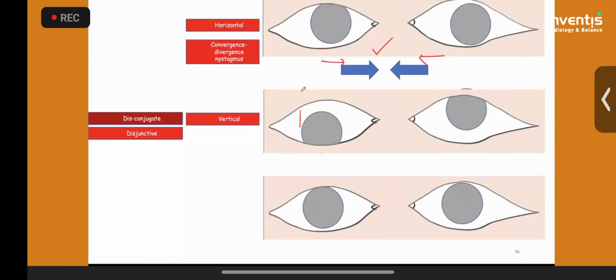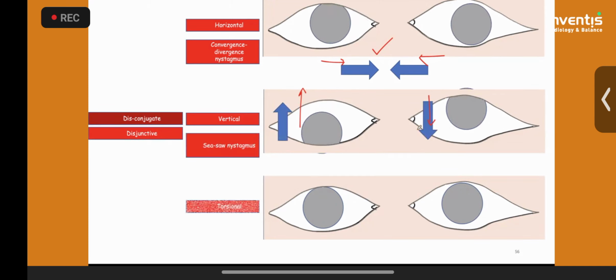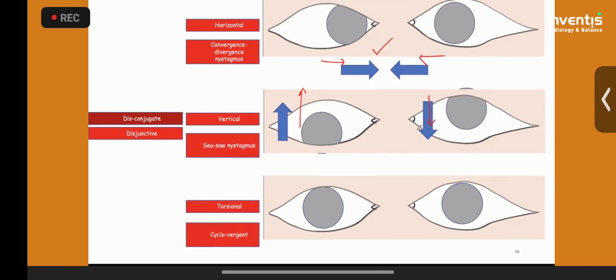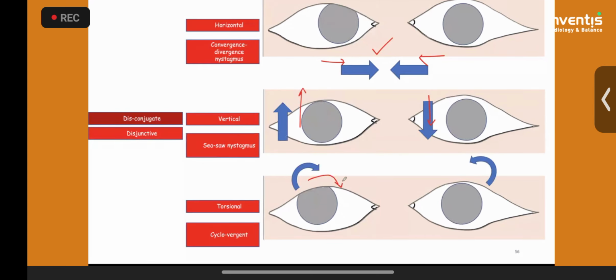This is beating up. This is beating down. It is called as seesaw nystagmus. And there is a third variety that is cyclovergent nystagmus. One upper pole is beating to the left, the other upper pole is beating to the right. Cyclovergent nystagmus. So these are the types of disconjugate disjunctive nystagmus.